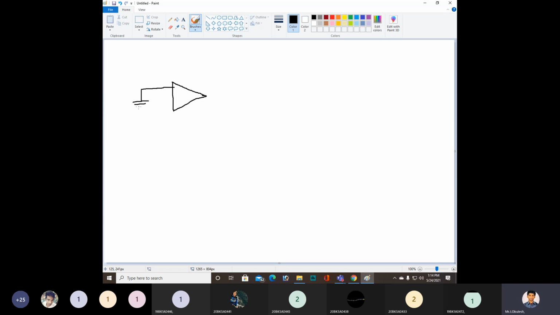We need to draw the diagram for the triangular waveform generator. This is a voltage divider.